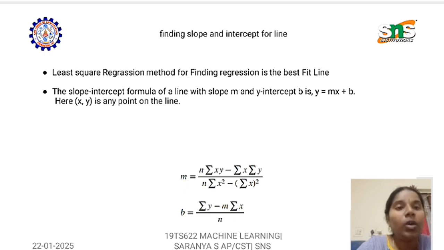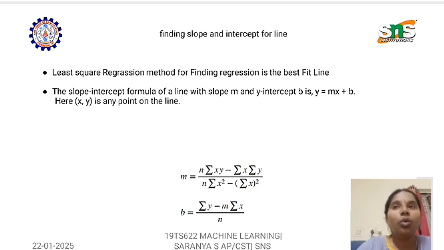Here x and y are points on the line. Then m equals n summation xy minus summation x times summation y, divided by n summation x squared minus summation x whole squared. Then b equals summation y minus m summation x, divided by n.